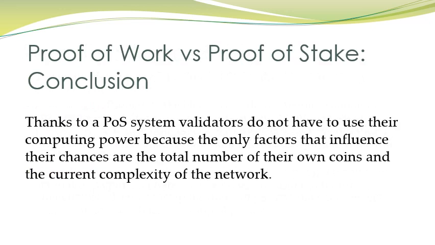So, proof of work versus proof of stake. Thanks to a proof of stake system, validators do not have to use their computing power. Validators don't require a high performance computer, because the only factors that influence their chance are the total number of coins the node is holding and the current complexity of the network.